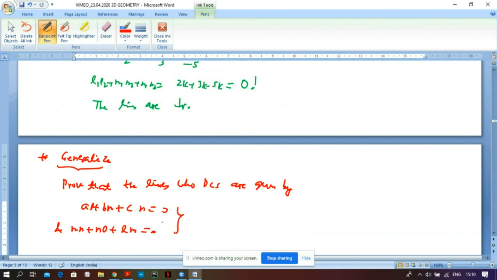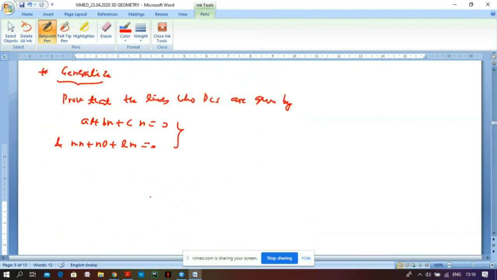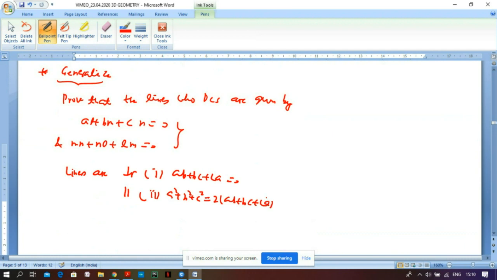So there are two lines whose DCs are given by al plus bm plus cn equals 0 and mn plus nl plus lm equal to 0. And you want to prove that the lines are perpendicular and parallel. So perpendicular if the condition becomes ab plus bc plus ca equals 0, and parallel if it is a squared plus b squared plus c squared, other parallel, is twice ab plus bc plus ca.